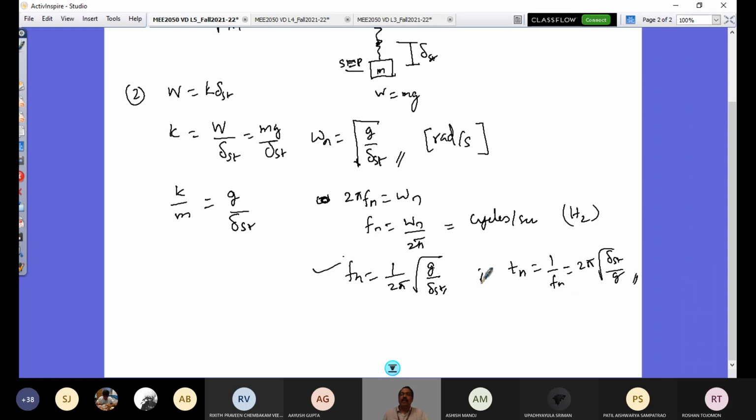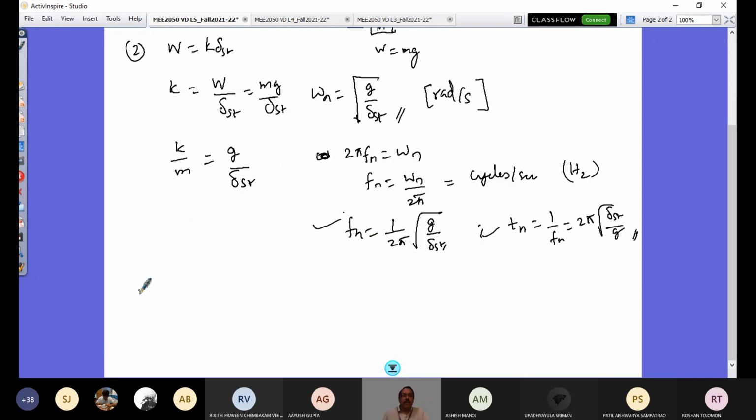So this is how you can summarize, and this is an important point that you should remember while solving the problem.